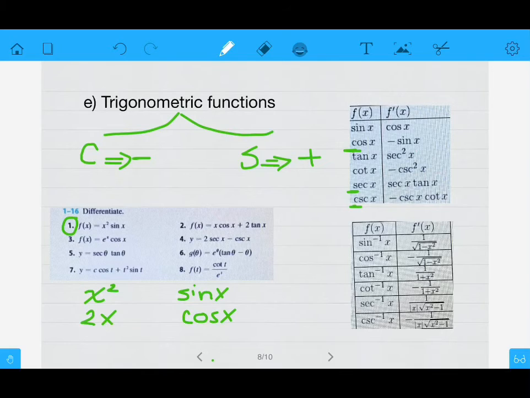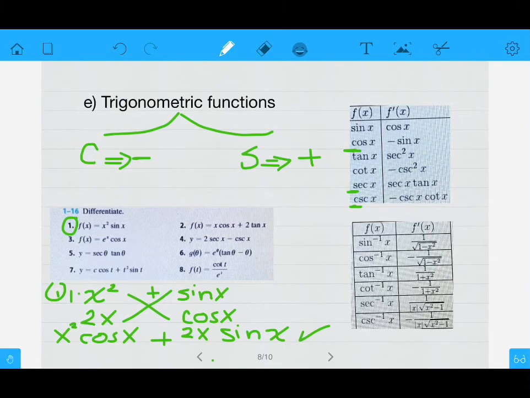If it starts with C, we put a minus. Then a cross multiplication, and between the terms we have plus. Here it is one term, one term, one term, one term, so no brackets are needed. Now the last answer: x squared cosine x plus 2x sine x. This is the final answer for question number 1.